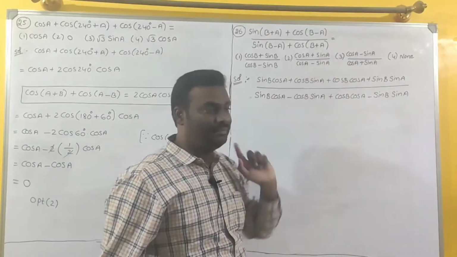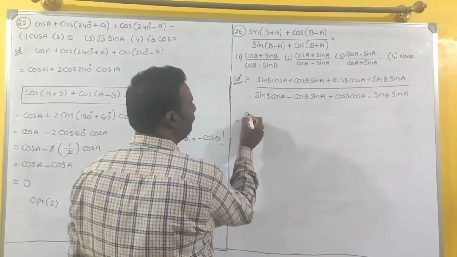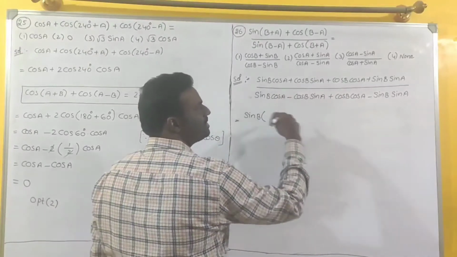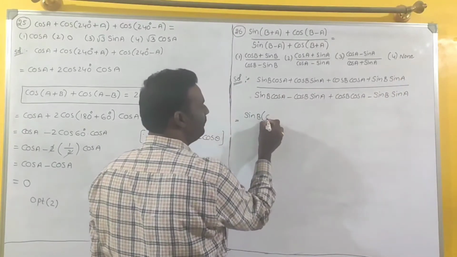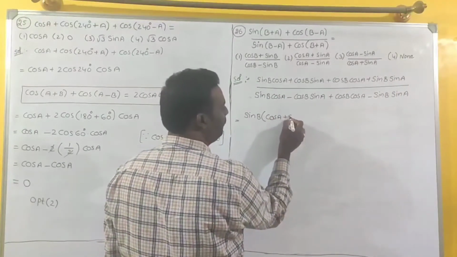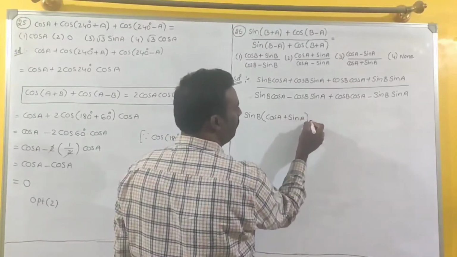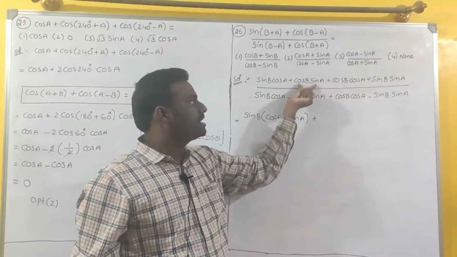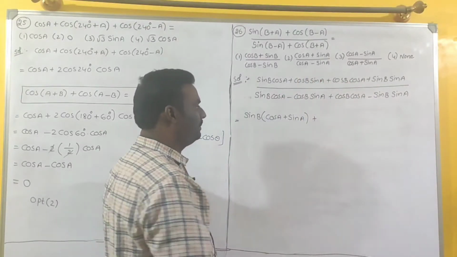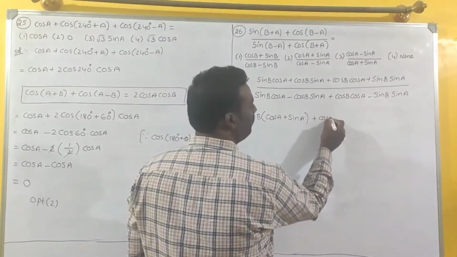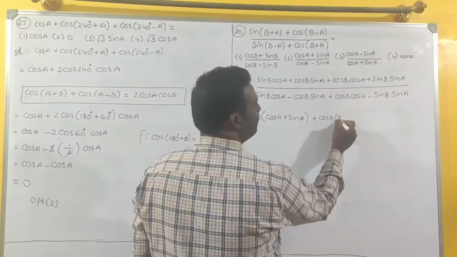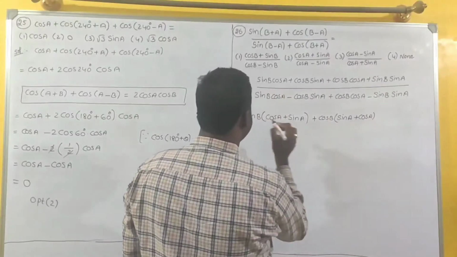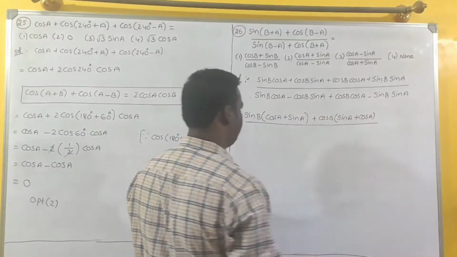Sin B is common. If you take sin B from the first and last, what is remaining? Cos A plus sin A. In the middle two terms, which is common? Cos B is common. What is remaining? Sin A plus cos A. This is the numerator.